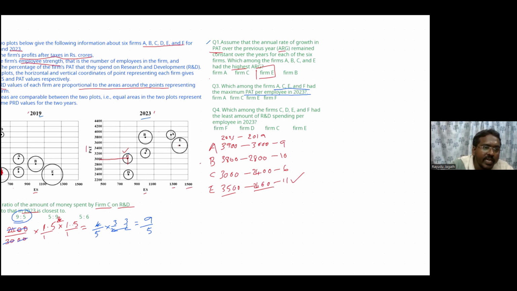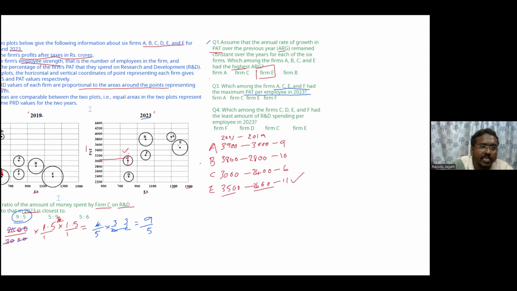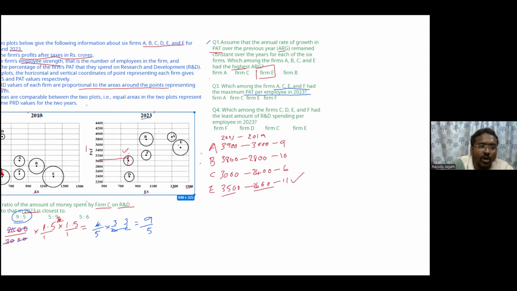PAT is related to the vertical axis, and employee status is related to the horizontal axis. Therefore, PAT by ES we have to consider.